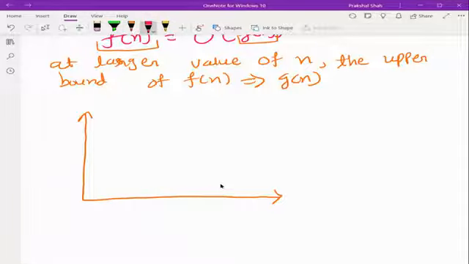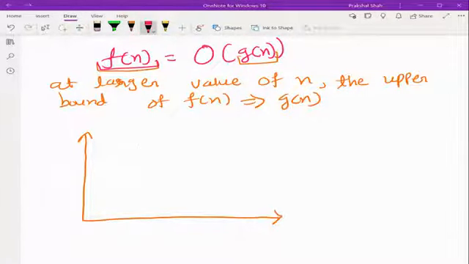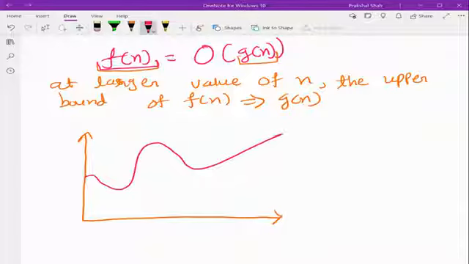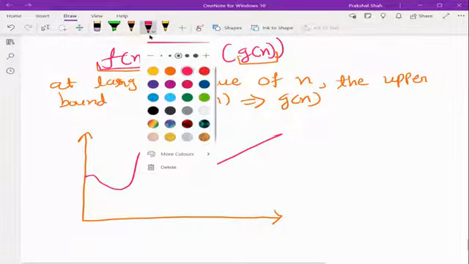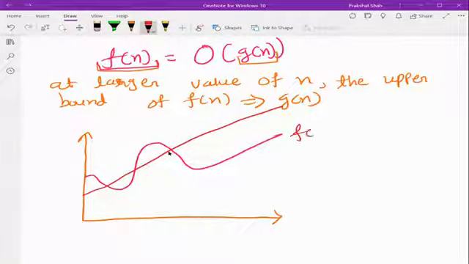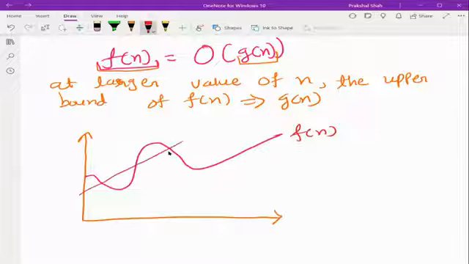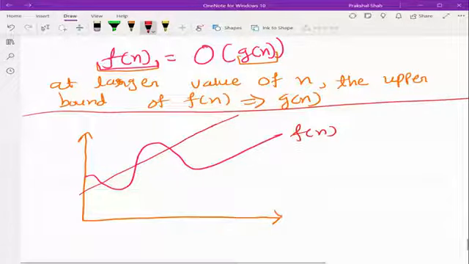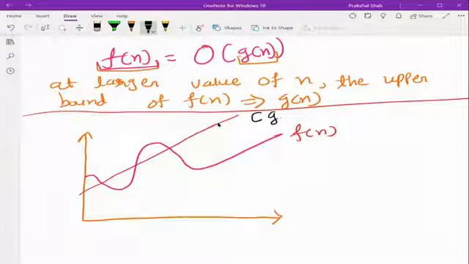Now consider this is your function f of n, working like this, and this is your g of n, which is nothing but your tight upper bound. This is c into g of n.